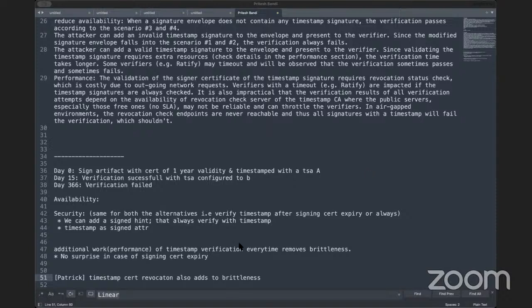Yes, right now for example, on day 15, it's not on critical path. On day 66, it's on critical path. Either you don't timestamp at all or we include it as a signed attribute. Yes, I do agree with that. So we have to devise the system in such a way that if it's on critical path, it's always on critical path.